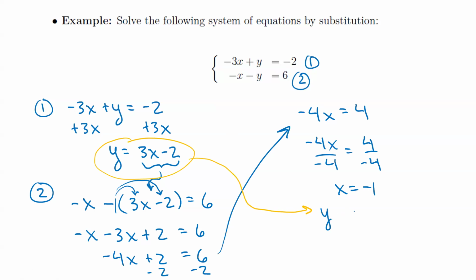So y equals 3 times negative 1 minus 2, which would be negative 5. So our solution is negative 1, negative 5.